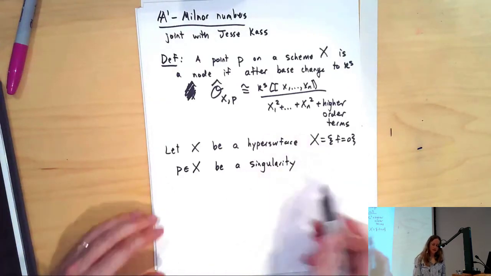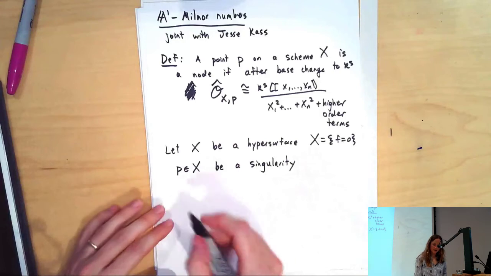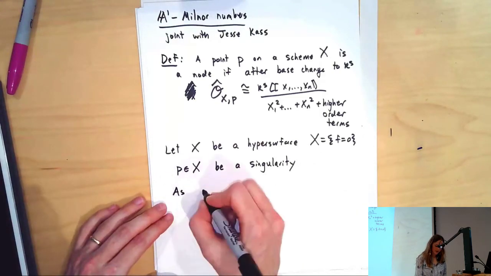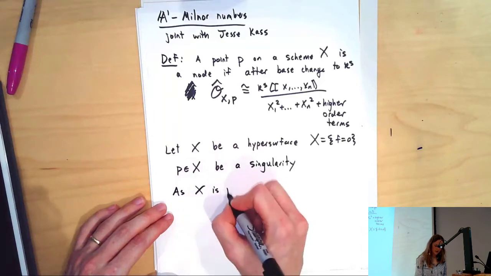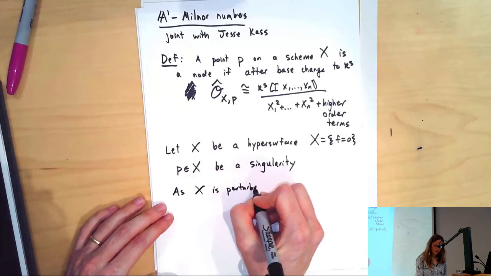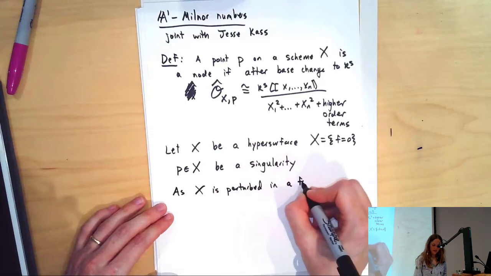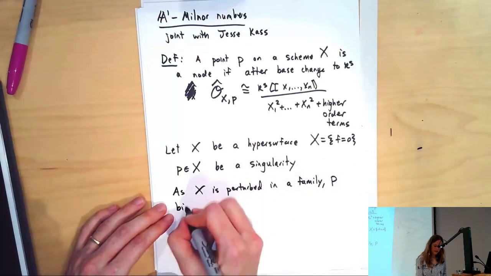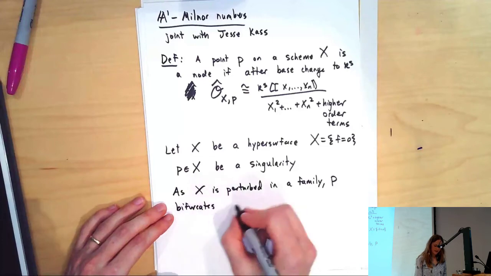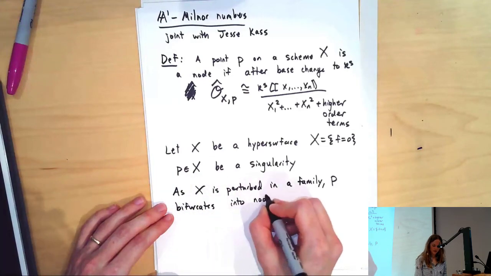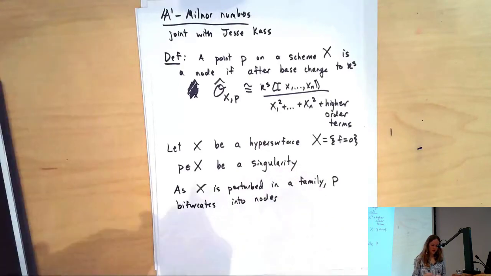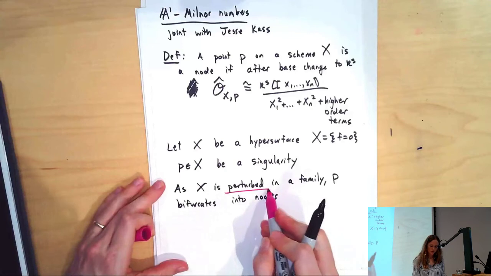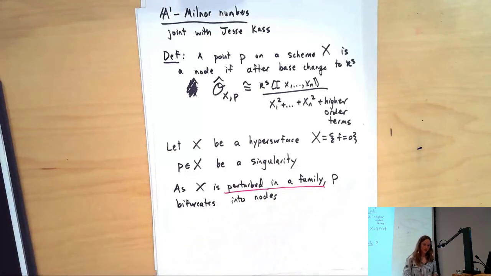When you move X a little bit, so as X is perturbed in a family, P bifurcates into nodes. Let's be more specific about this.